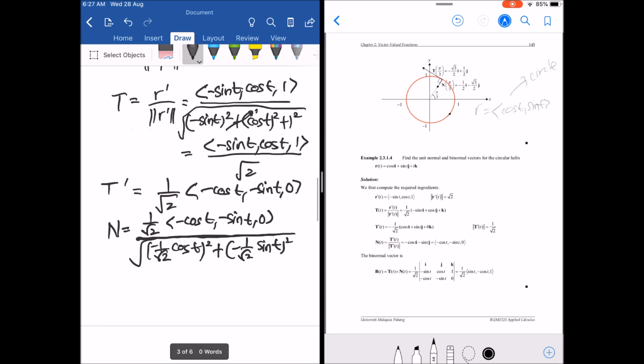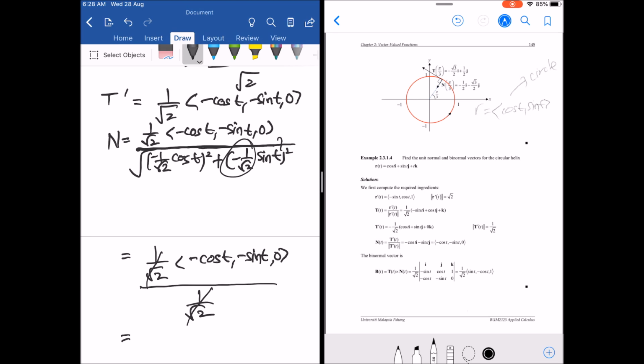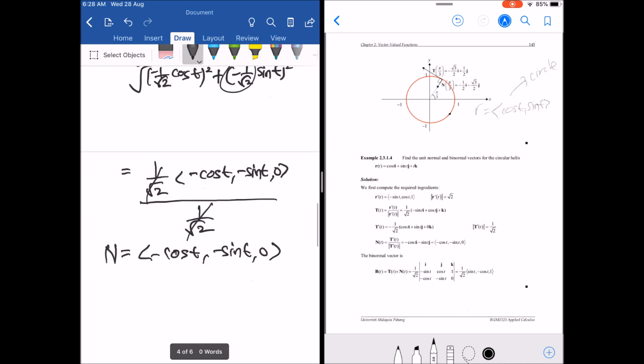Again, cos squared plus sine squared is equal to 1, but then we have this scalar, 1 over square root 2, so we can cancel it out, and we only have negative cos t, negative sin t and 0 as our unit normal vector.